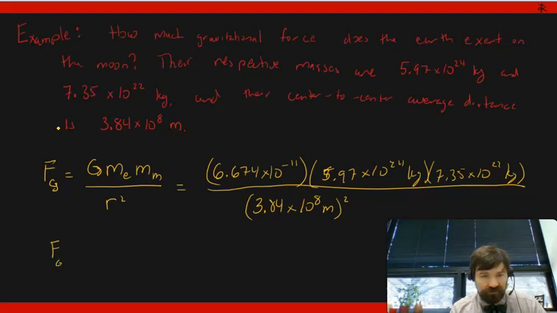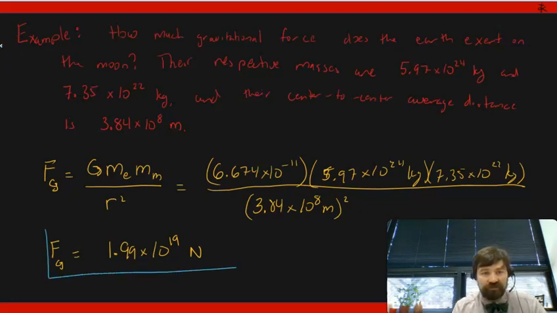And so this force of gravity between these two is, if you put all that into a calculator, about 1.99 times 10 to the 19th newtons. So that is your rough force of gravity between Earth and Moon.